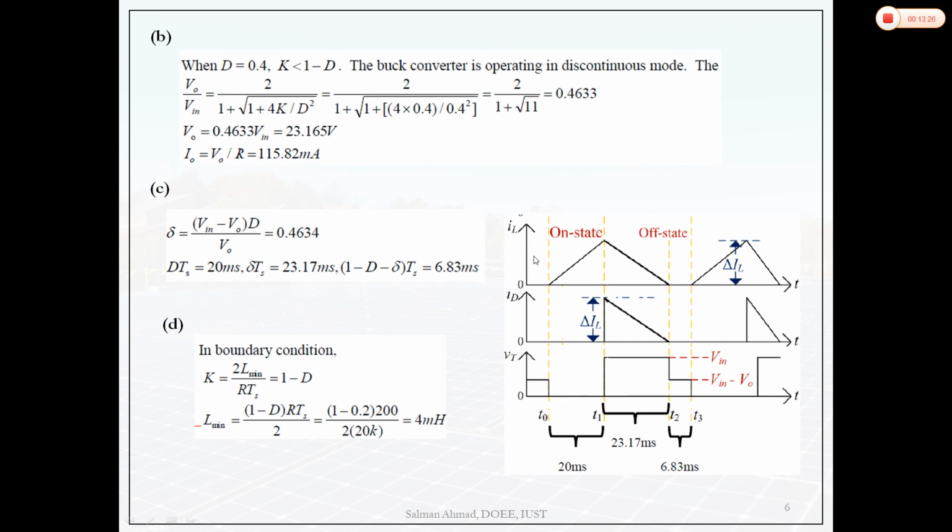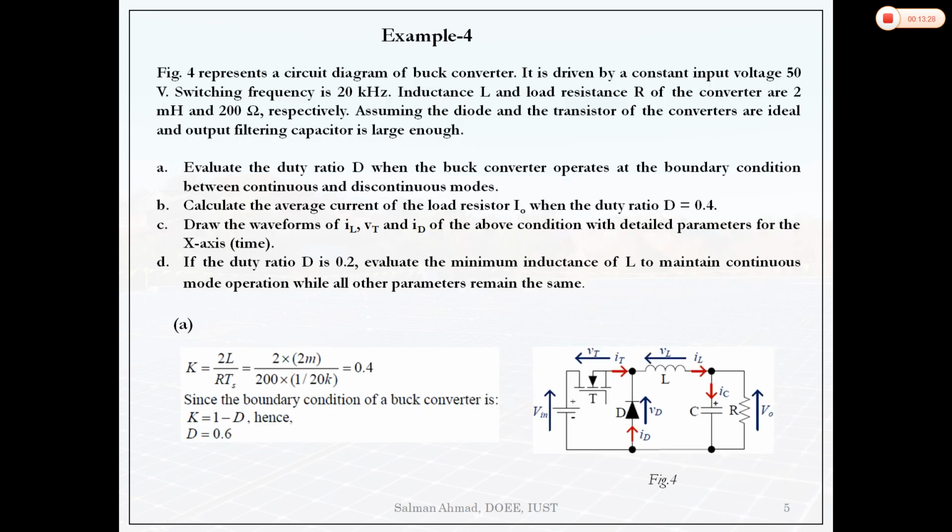Now in the last part, we have to consider the duty ratio D. The duty ratio D is given as 0.2. We have to evaluate the minimum inductance L to maintain continuous mode operation while all other parameters remain the same. So the duty cycle is 0.2.